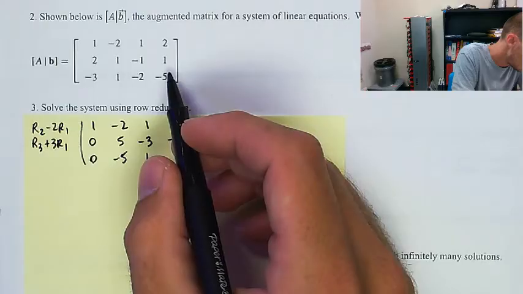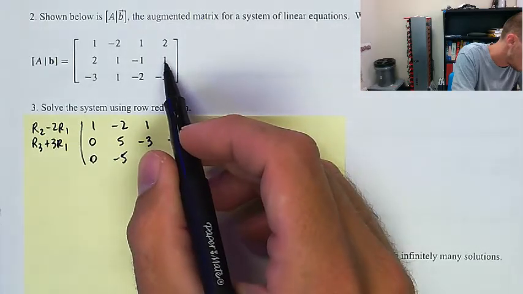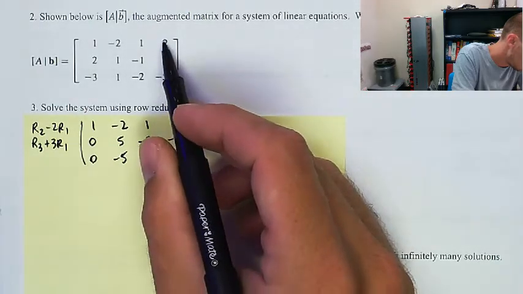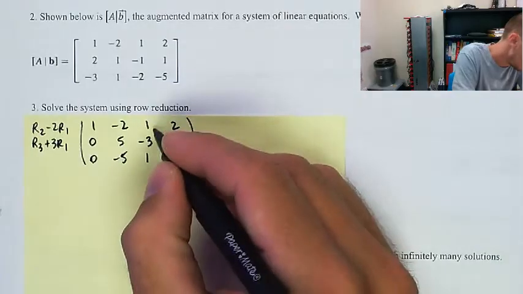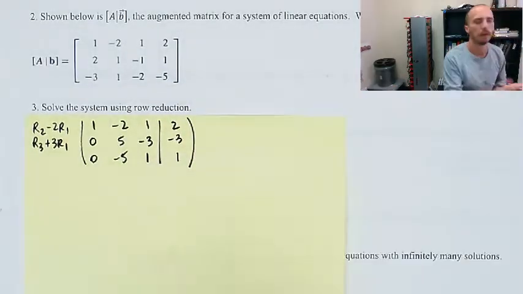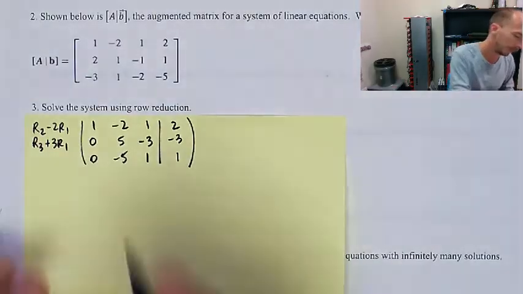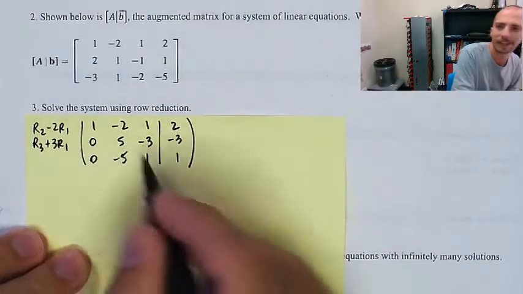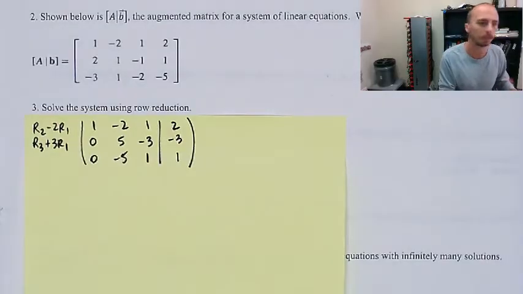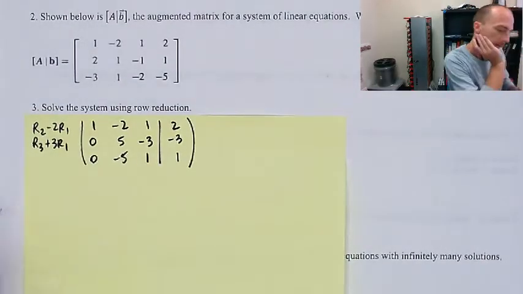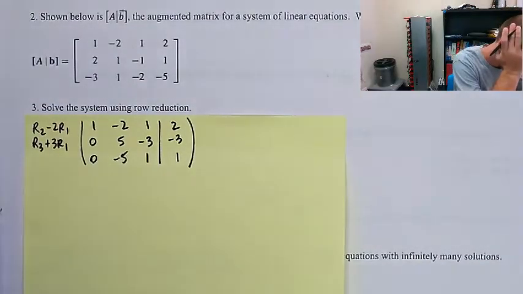And let's see, row 3 plus 3 row 1s, that will also be that. Oh, okay. Well, interesting. Looking at all of this, I feel like x2 is going to have to be 0, but maybe I don't see that yet. All right, what am I going to do?